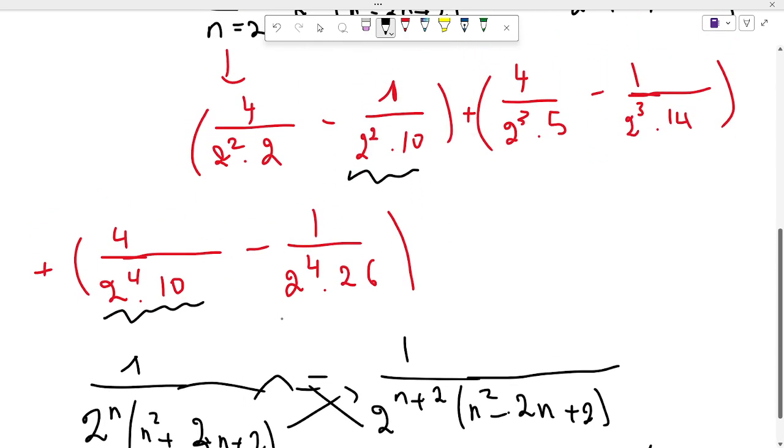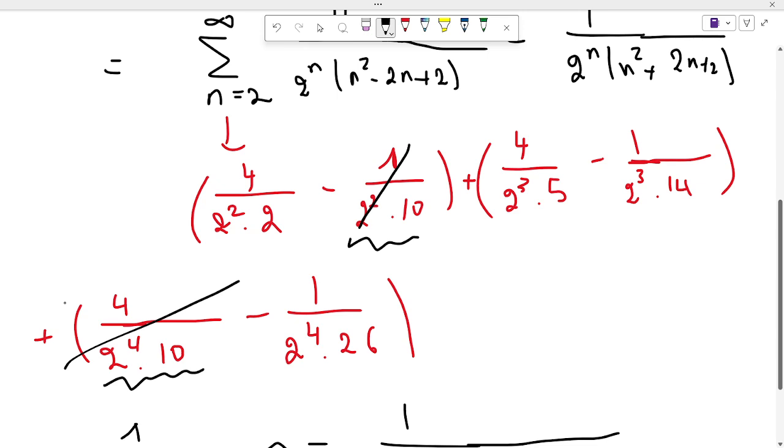Now we notice that this term cancels with that one. For example, the term right over here cancels with the first one that comes two terms after. So we're only left with that one and that one.